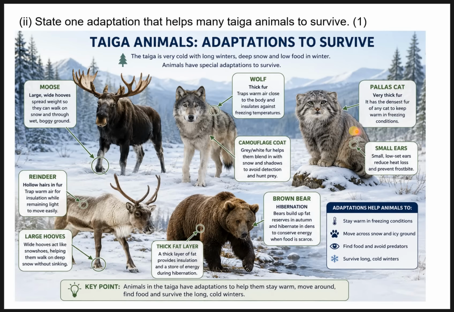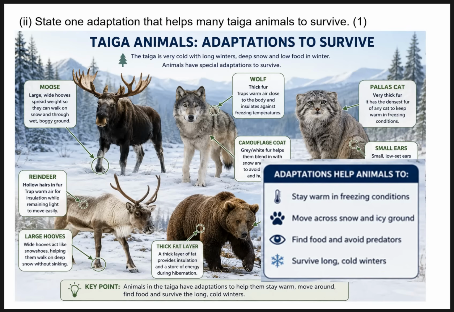So it's adaptations, and of course this is the kind of stuff you've been doing since Key Stage 3, but you just need to make sure that you do have one to hand, one that you know. Okay, so if you need to make a note to yourself right now, you need to have a look at one animal in the tiger region and have a look at the adaptations.